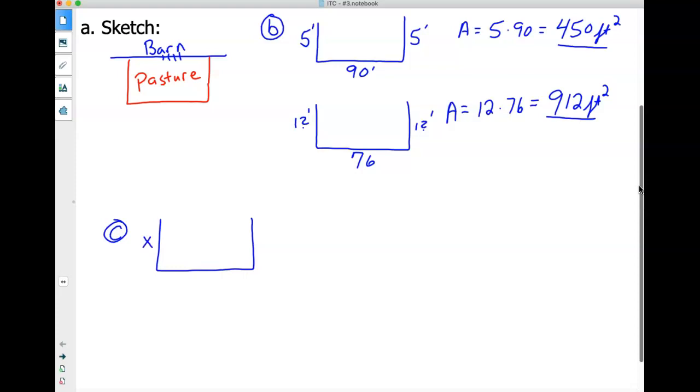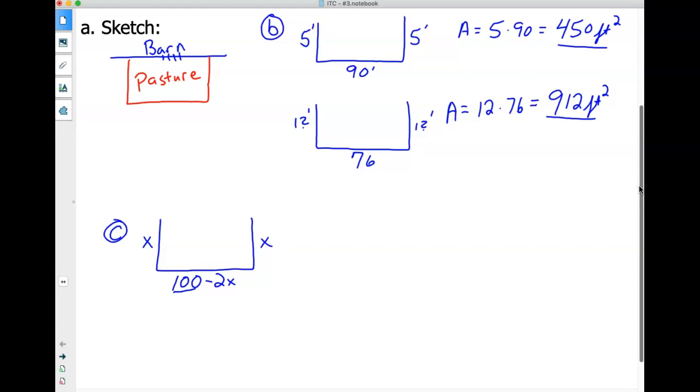If the width is x, both widths are x, I only have 100 feet. That means my length here has to be 100 minus 2 times x, because I only have a total of 100 feet I can use. And if I subtract x feet and x feet, that is what's left on that width.